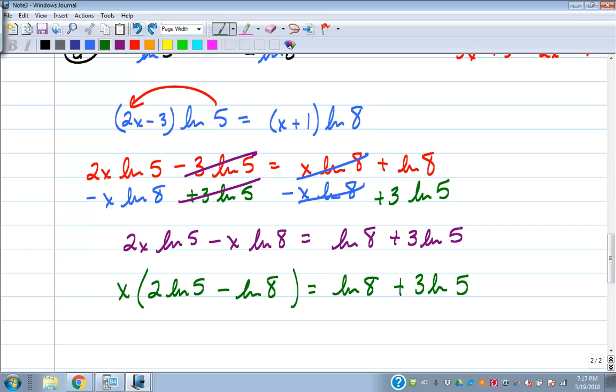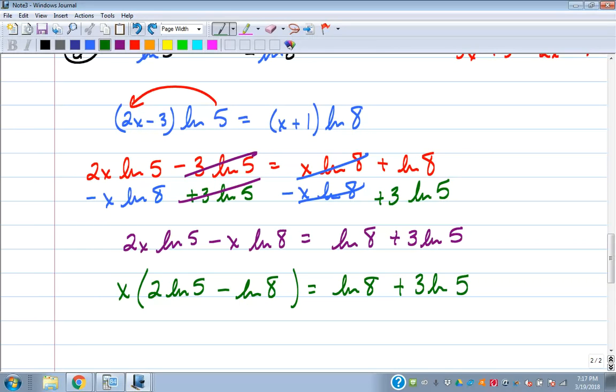So now, what do we know about this stuff in the parentheses here? What kind of thing is it? Is it a piñata? Is it a number? It's just a number. It's a weird looking number, but it's a number. It's a number times what? Times x. And if they're multiplying together, the way to undo that is divide by what? That number, right?